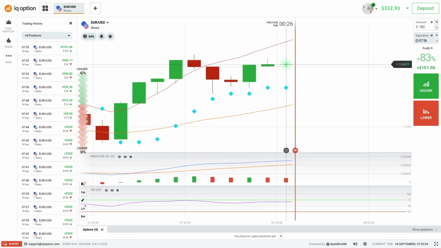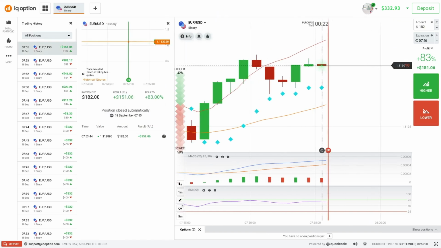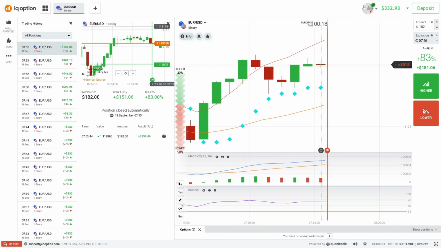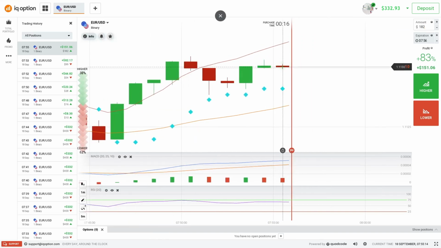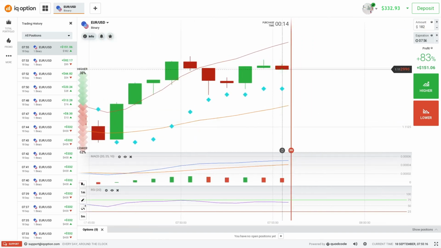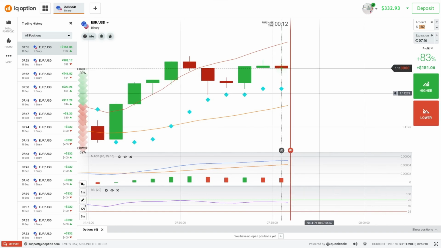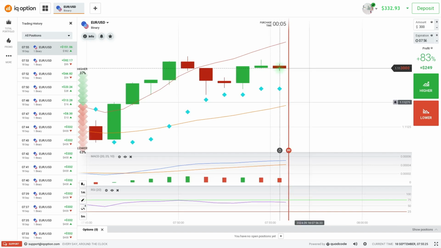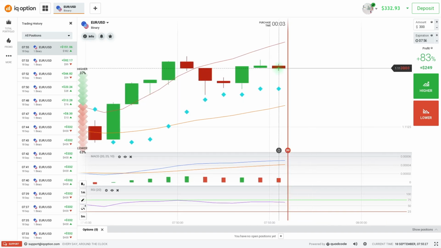Yeah. Give me a second here. This one, yeah, easy, straight to the point, meaning that we will see another uptrend. I mean, let's put 300. Yeah, $300. Give it some seconds.